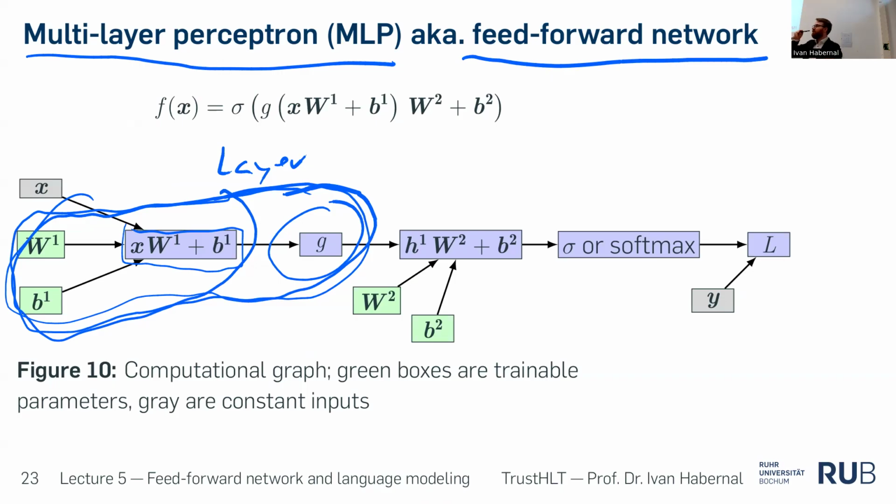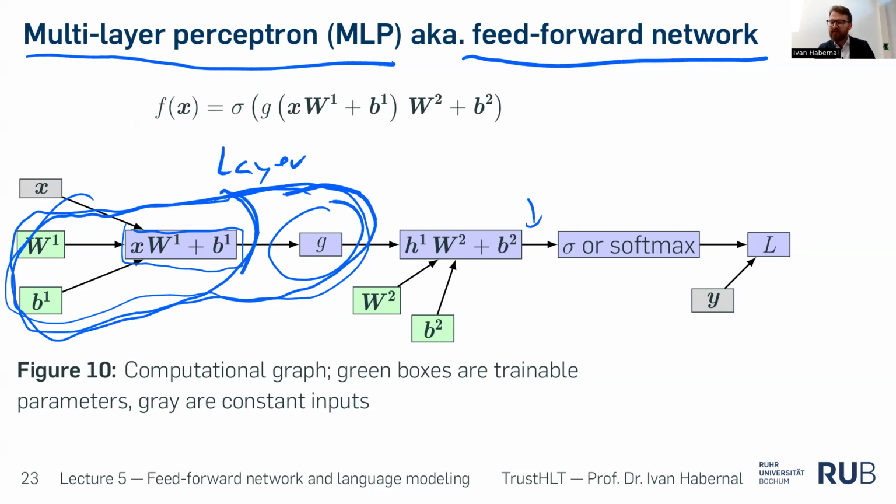Yes, you had a question. Well, there's another one, which is the softmax or another nonlinearity. So you typically put some nonlinear function after each linear function. This is a linear function, and there's some nonlinearity.